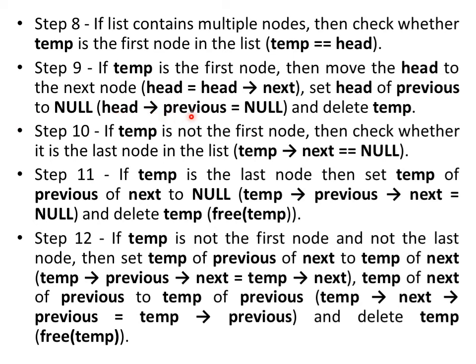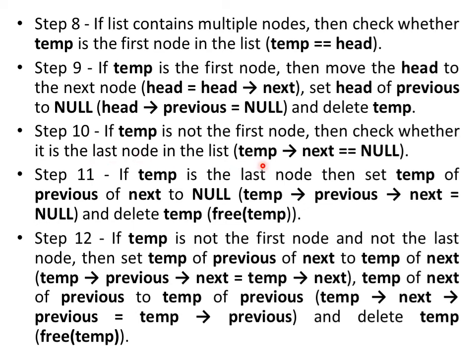That means head of previous equals to null, and delete the temp. When we set this, the link will be disconnected from the temp and we are free to delete.